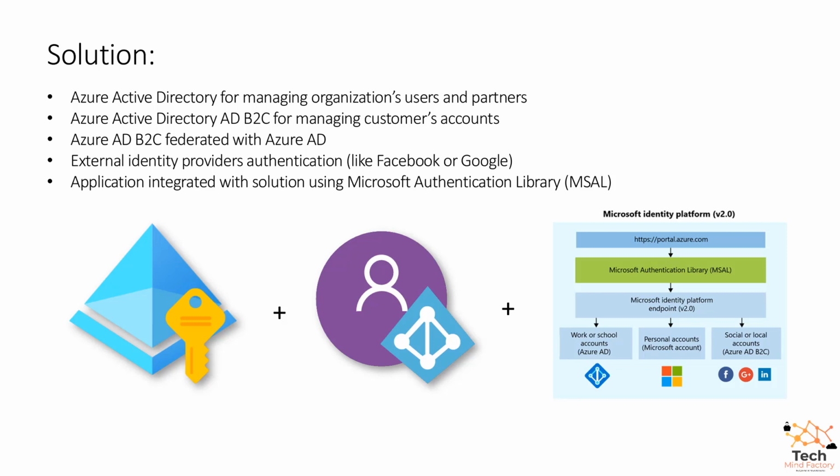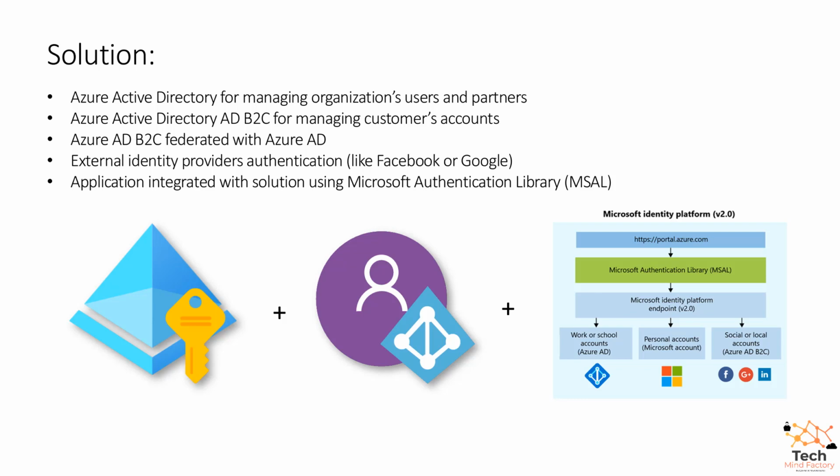And of course, what about the application side? Here is also the answer to this question, because we can integrate our web application. In this video, we will use an ASP.NET Core web application. We can integrate this app with Microsoft Authentication Library. Microsoft Authentication Library is a library that provides easy configuration for our web or mobile or any different kind of applications.